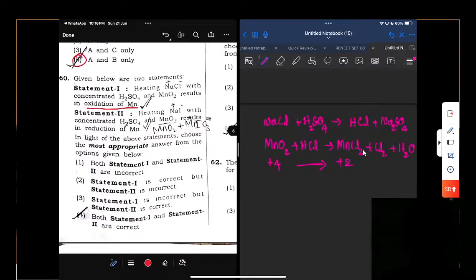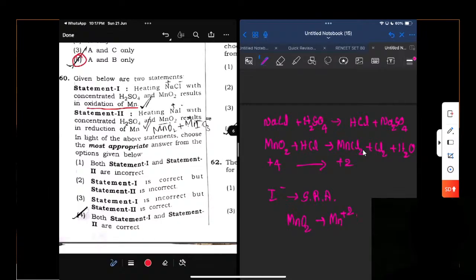plus 2. Next, the second one: heating NaI with concentrated H2SO4 and MnO2 results in reduction of manganese. Heating sodium iodide with concentrated sulfuric acid, since I minus is a strong reducing agent, it reduces MnO2, which is present, to Mn plus 2.